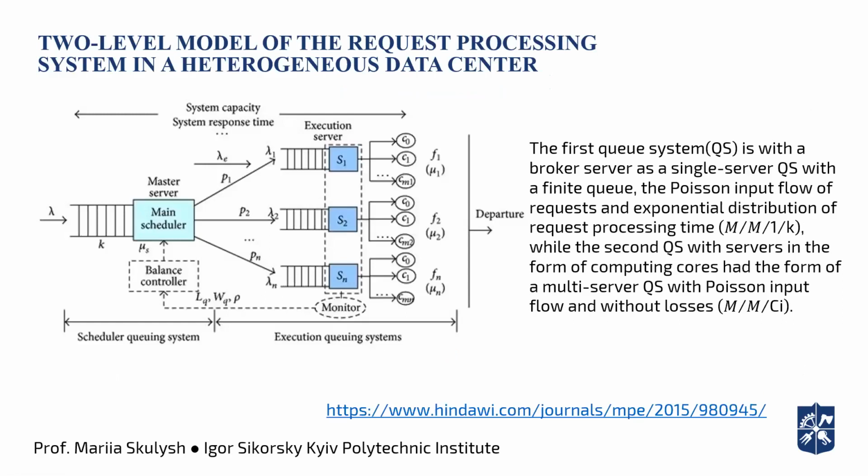When we talk about queuing balancing, we talk about some queue. For example, the main scheduler has to receive all requests. It's just a model.